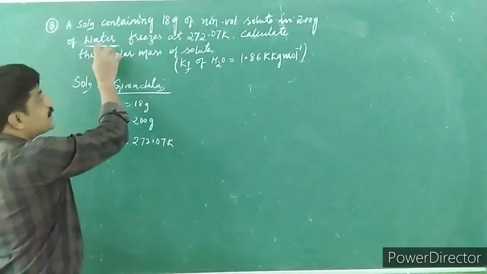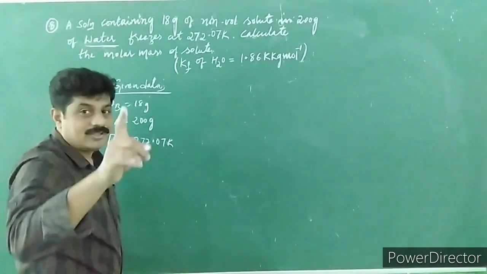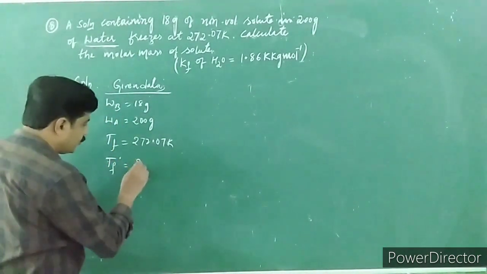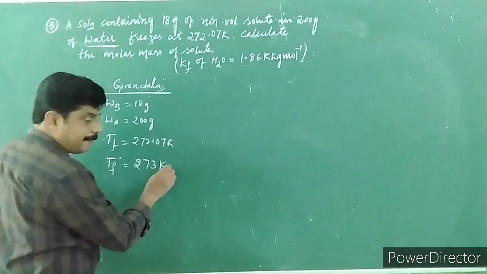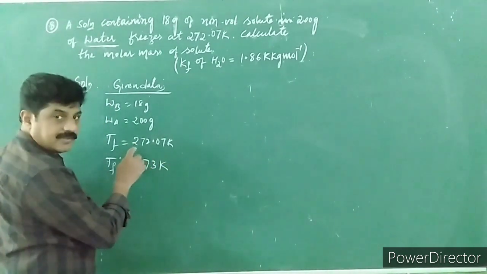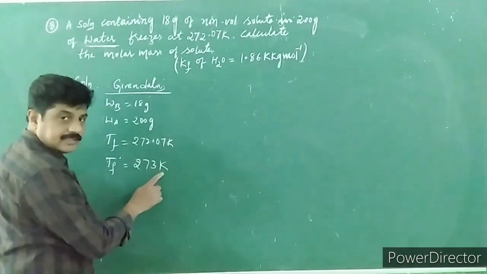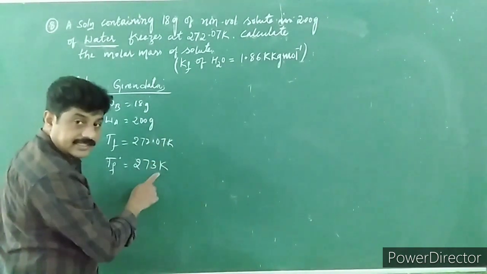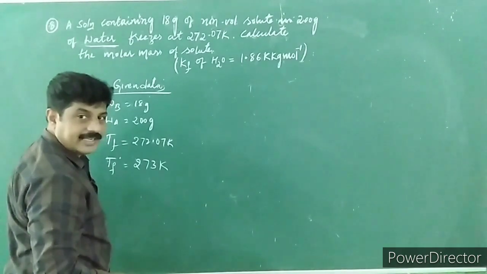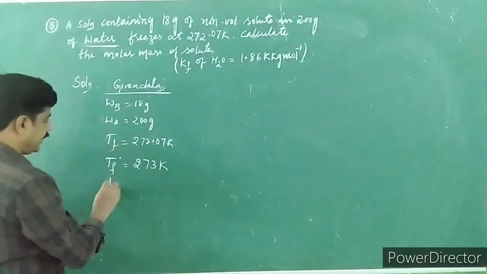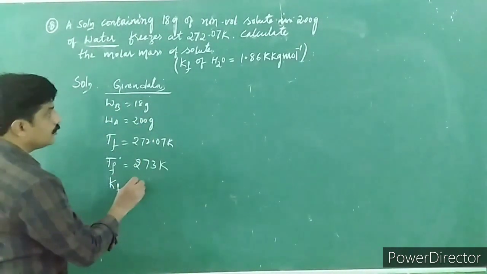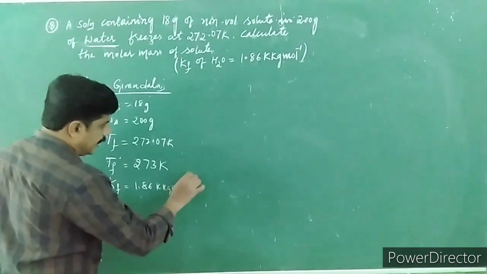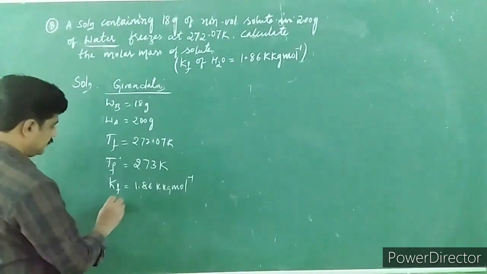The solvent is water here, and you know the freezing point of water, that will be Tf naught, equal to 273 Kelvin. Remember, as the given freezing point of the solution is in Kelvin, we take it in Kelvin. Imagine if they had given it in degrees Celsius, we should have taken it in degrees Celsius only. Hope you are getting that, right? Now, what is given here? Kf is equal to 1.86 Kelvin kg per mole. And MB you can calculate.